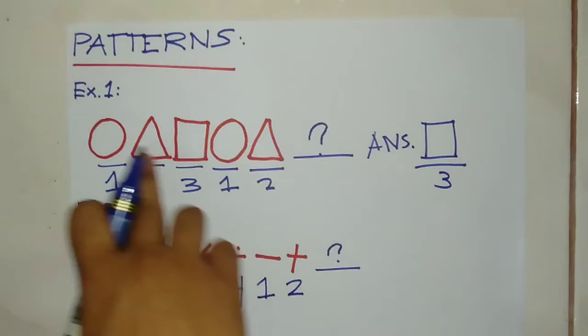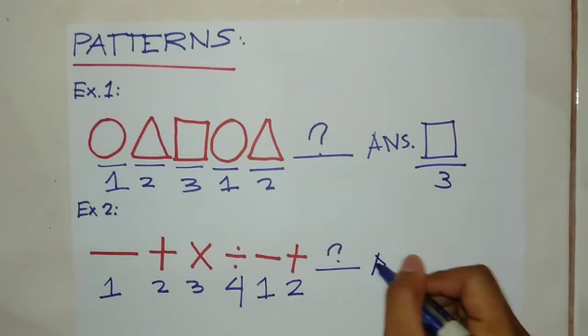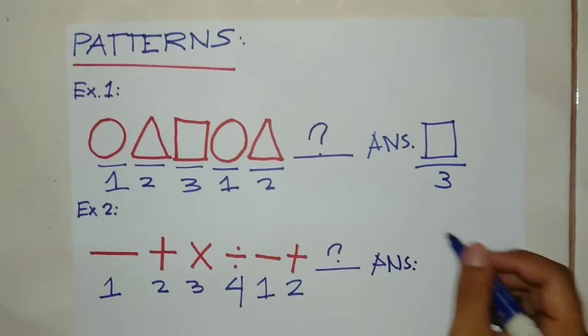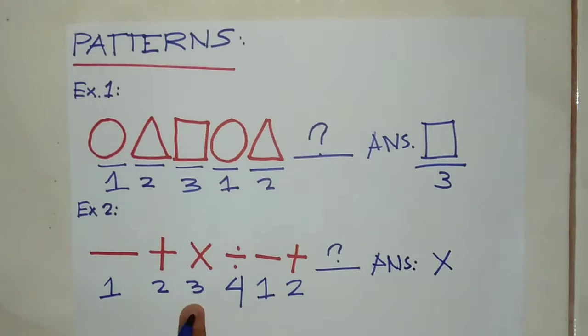Just like the first example, the answer here will be multiplication because of the pattern negative, and then positive, and then it will be the multiplication. This will be 3. So that explains the patterns.